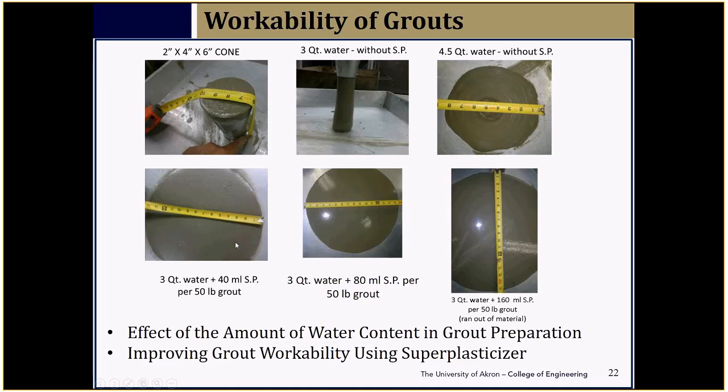So the two key takeaway points from this slide: first, the amount of water specified on those bags of ODOT approved grouts is not workable. You cannot place your grout in the small keyway joint with that kind of workability. Number two, even if we add a little bit of superplasticizer, we can make it really much better.